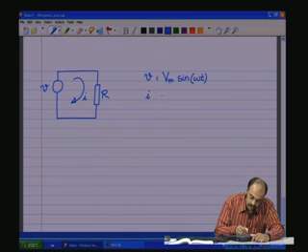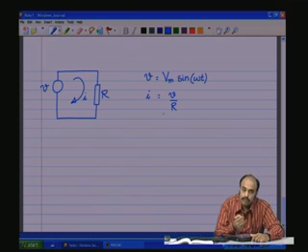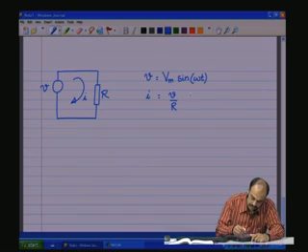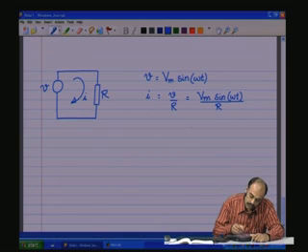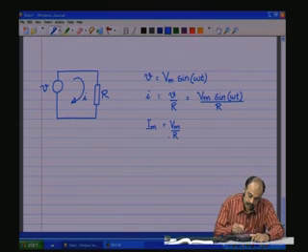So, what is I? I is V by R, because there is only one element which is R, in series with the voltage source. Therefore, I has to be V by R by Ohm's law, which is Vm sin omega t by R. Let us say Im, the peak current, is Vm by R. Then I will be equal to Im sin omega t.